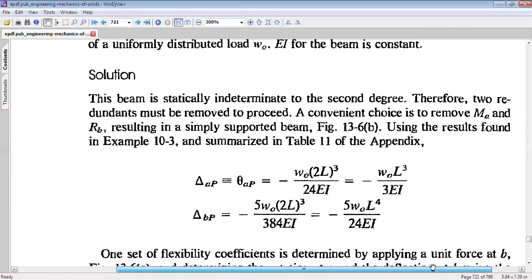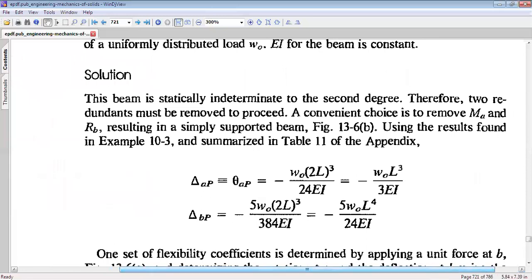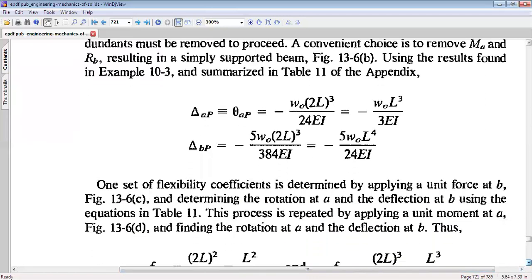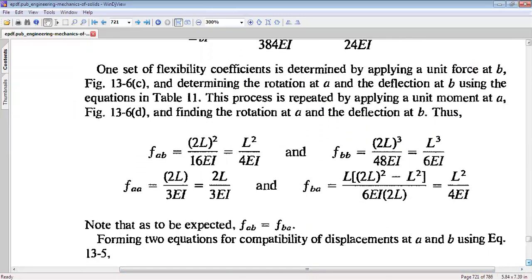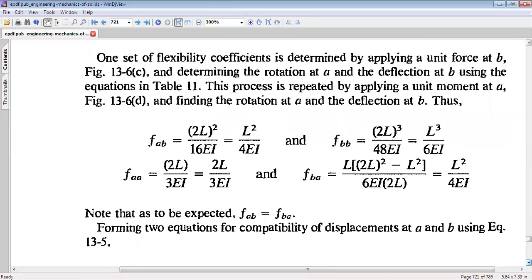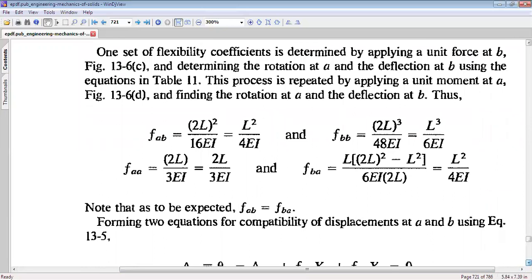So we have found out delta AP, that is minus w naught L cube by 3EI, and delta BP equal to minus 5 w naught L4 by 24EI. And then we have also found out the flexibility coefficients fAB, fBB, fAA, fBA.